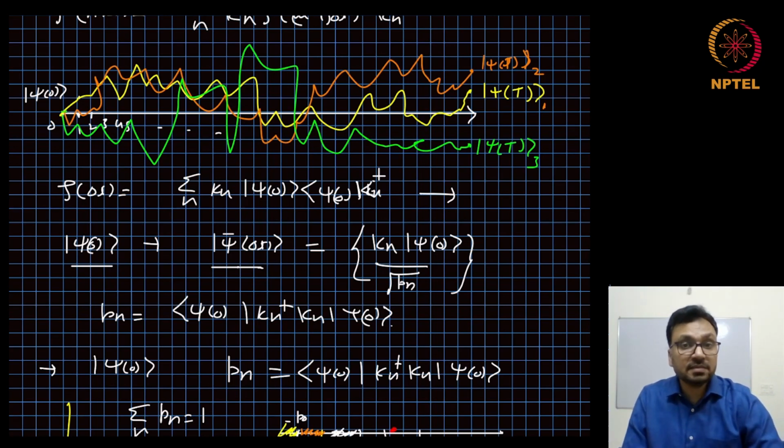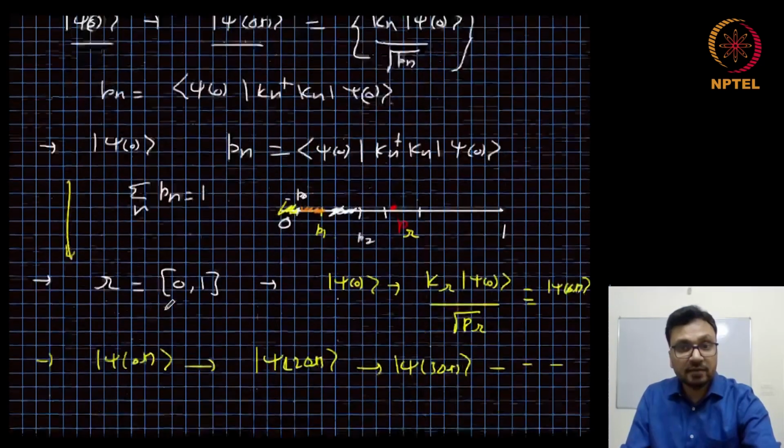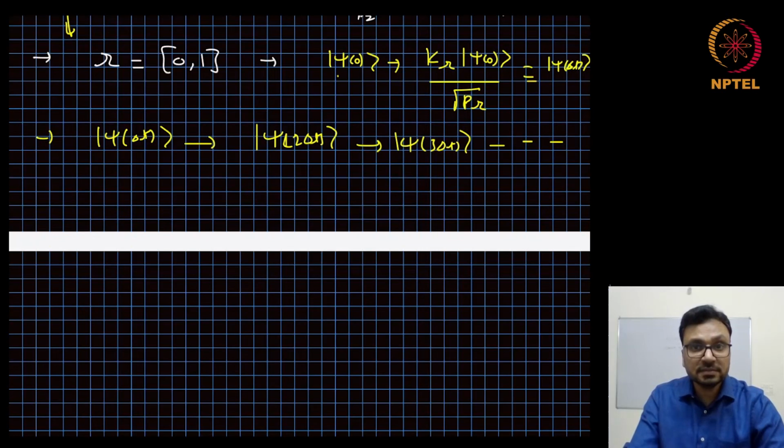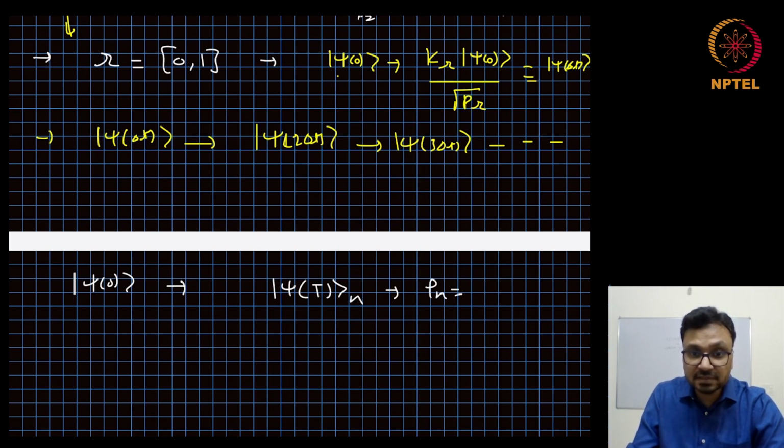We can repeat this a large number of times. At the end, we start from psi of 0, get psi of T in the nth attempt, and construct rho of n, which is psi of capital T outer product psi of capital T, and we sum over it.